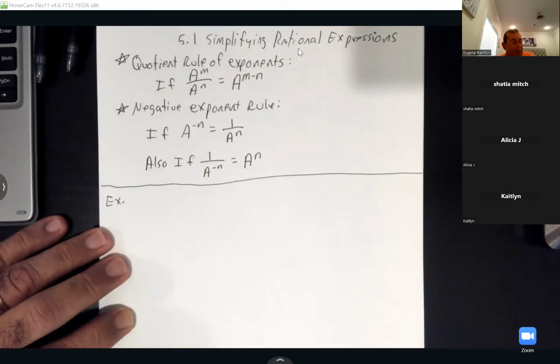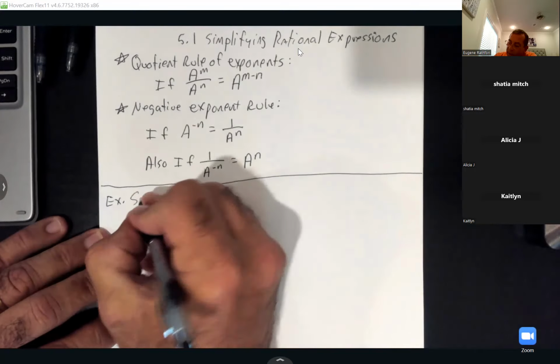So y'all, the first example says simplifying by removing factors of 1.